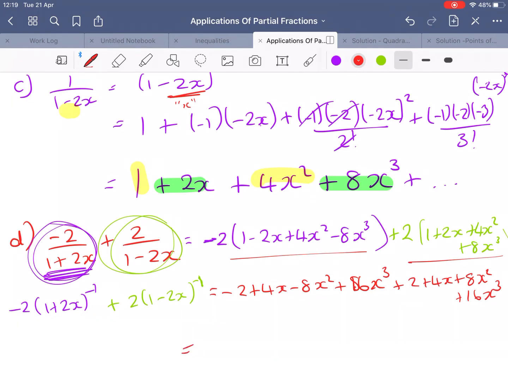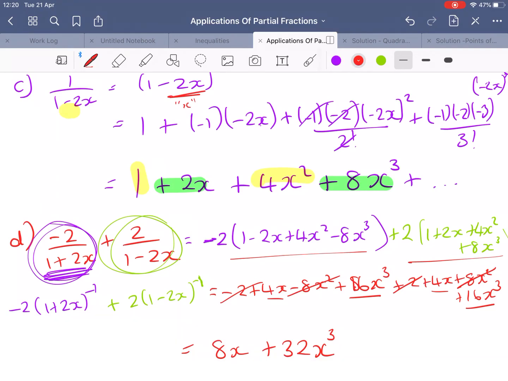And adding them together, well, the minus 2 add 2 cancels. 4x add 4x makes 8x. Minus 8x squared and 8x squared cancels. And 16x cubed plus 16x cubed makes 32x cubed.